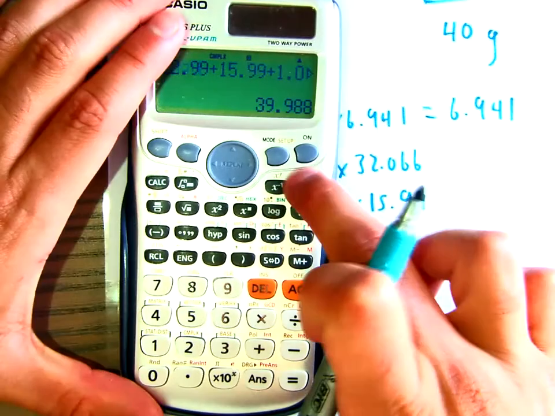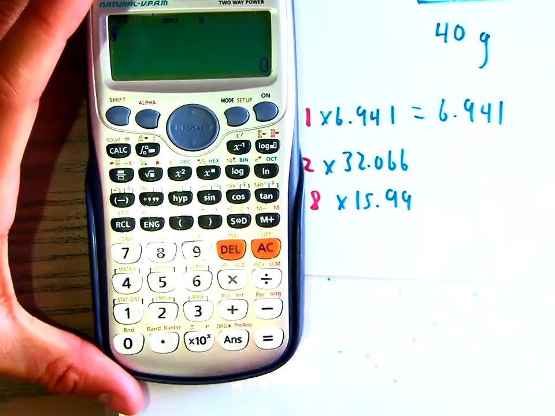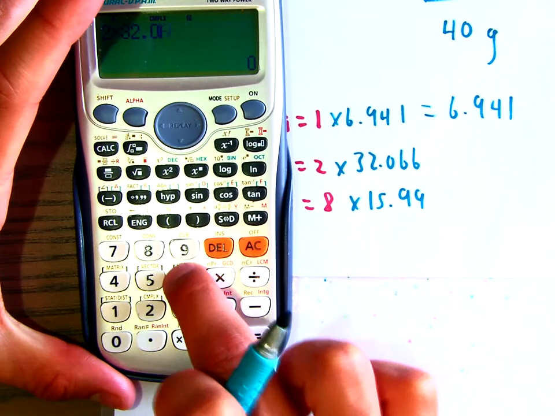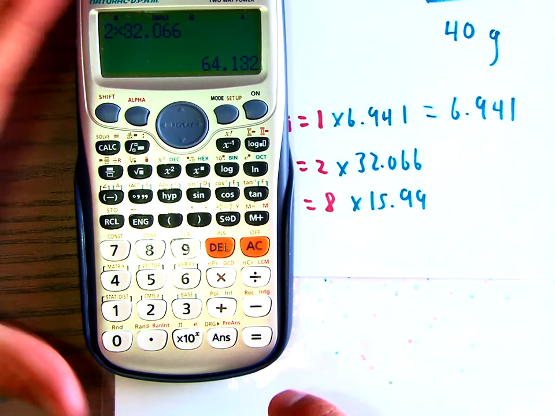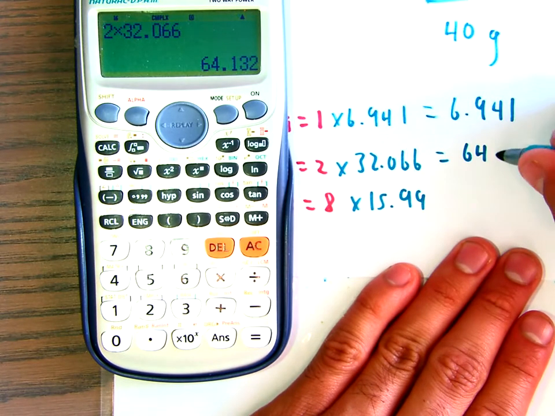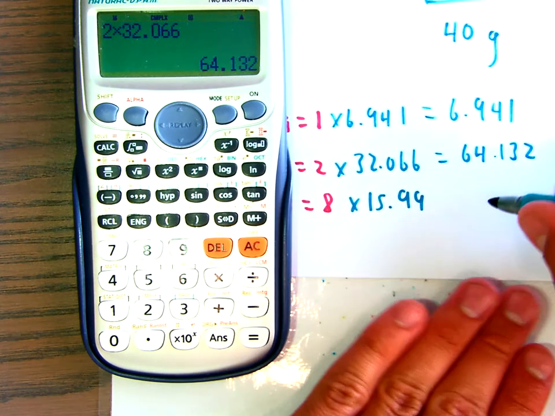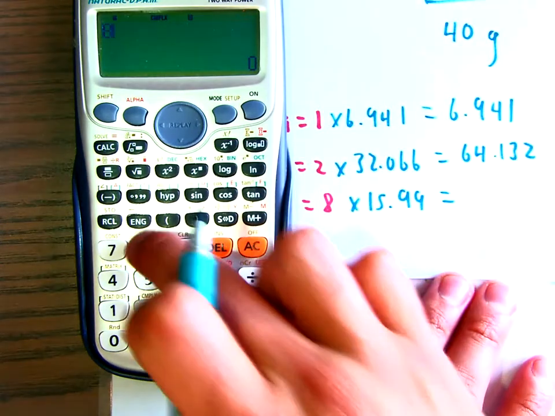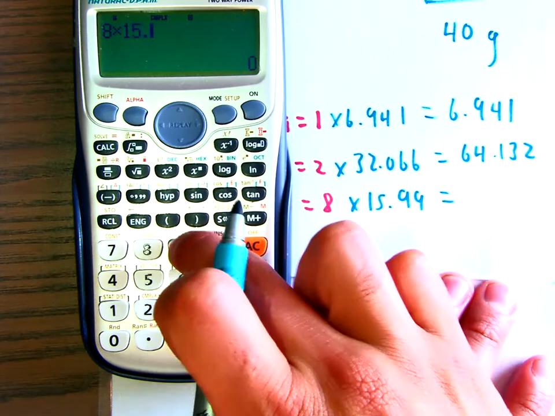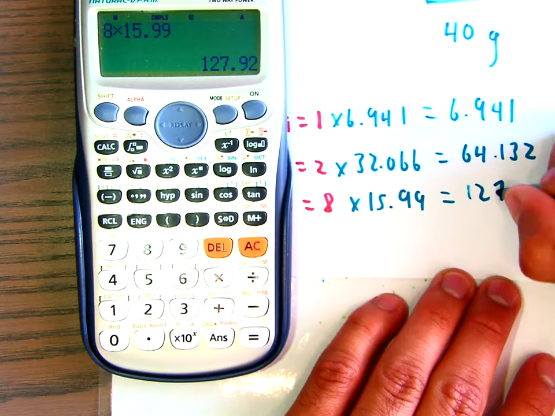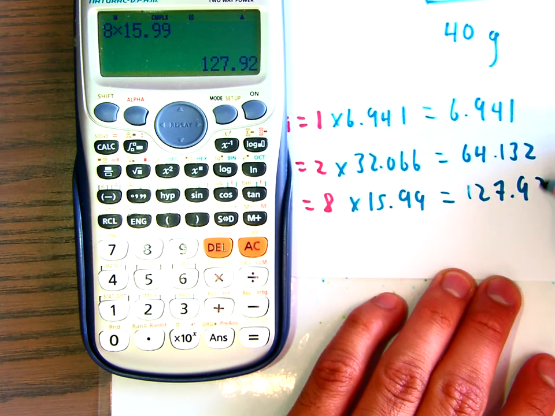Next one, it's going to give me, so I go 2 times 32.066 gives me a total of 64.132. Last of all, 8 times oxygen, 8 times the molar mass of oxygen gives me 127.92.